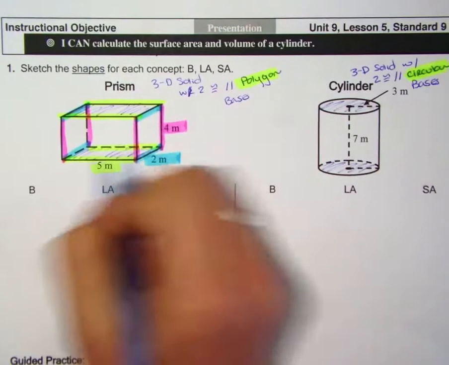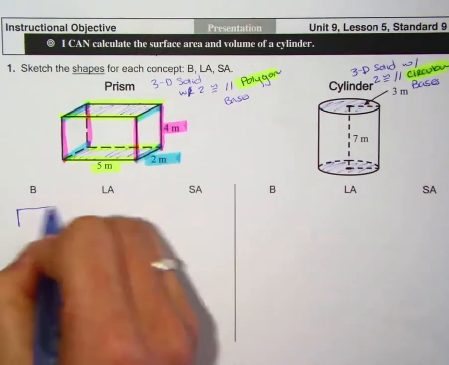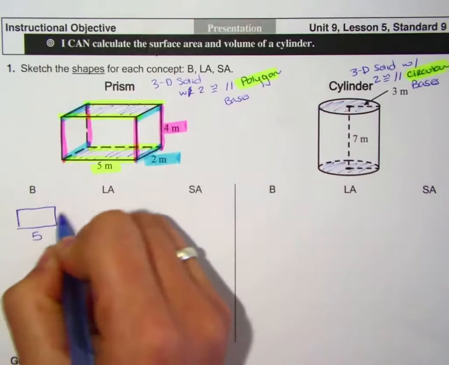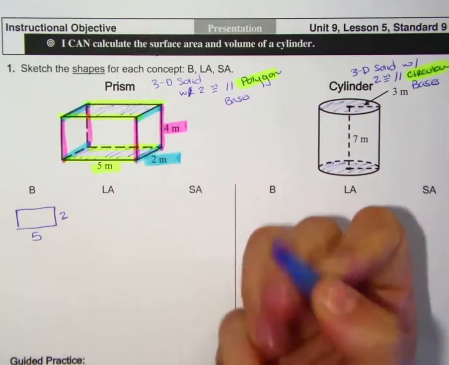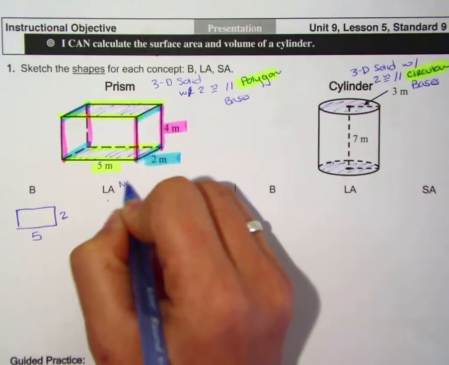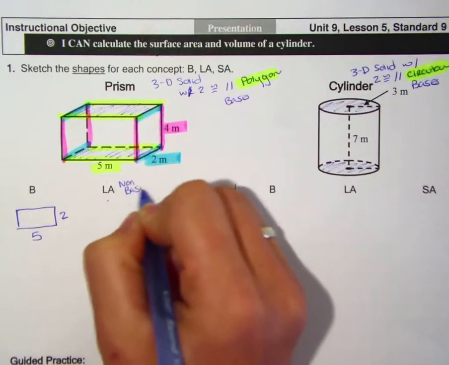A prism, if I shaded the base, the base area will be one base, which is 5 by 2, and we'd find the area of that. The lateral area, remember, is the non-bases.